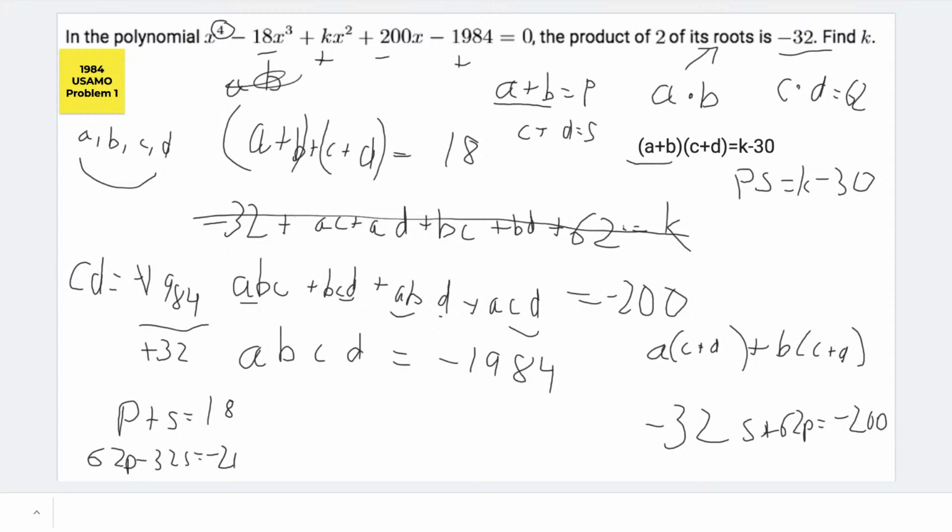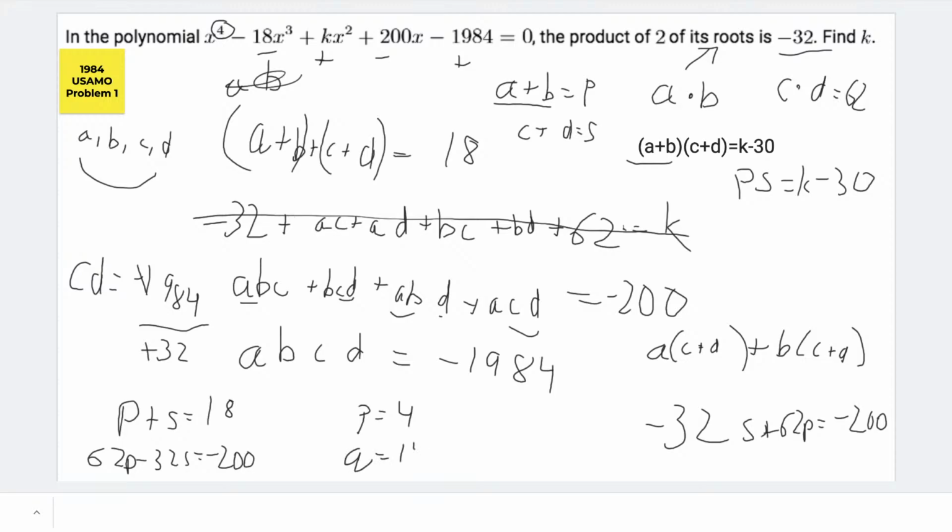Now, to solve such a system of equations, you multiply by either 32 or 62 to cancel out one of the variables, and we're going to skim through that part. After you do so, you'll get P equals 4 and S equals 14.